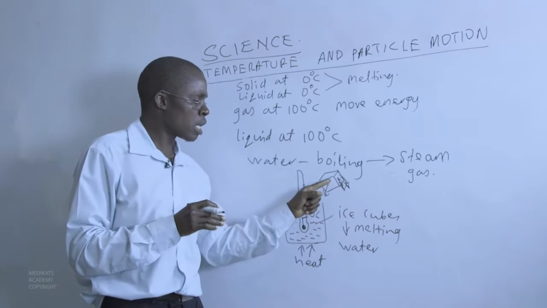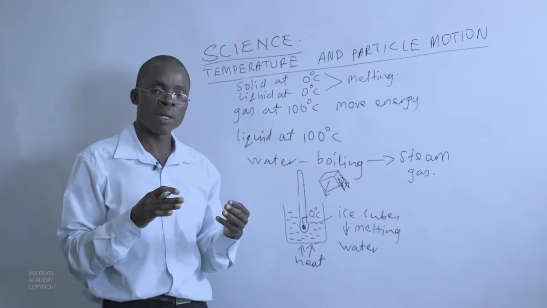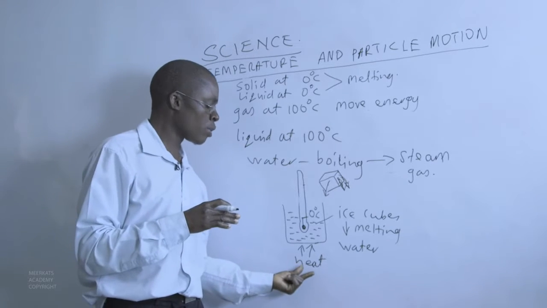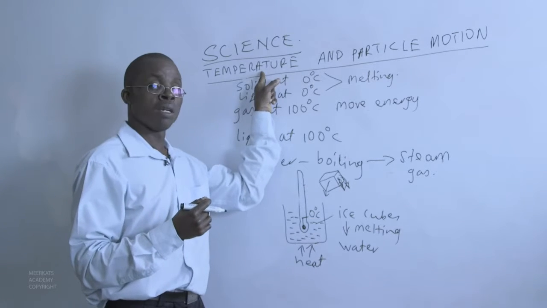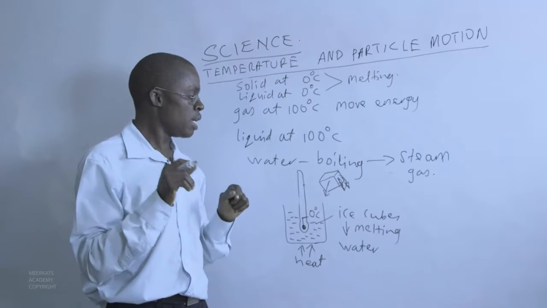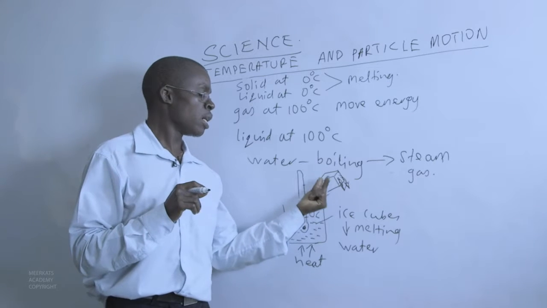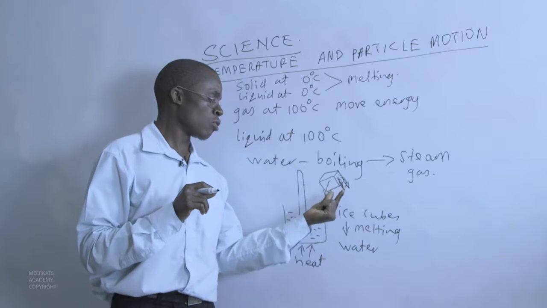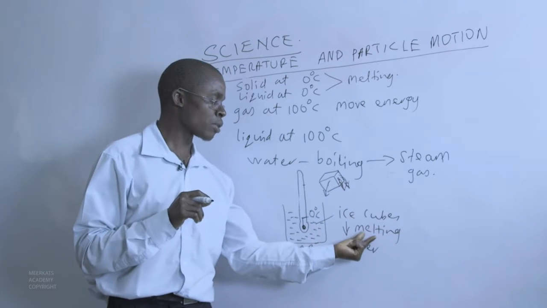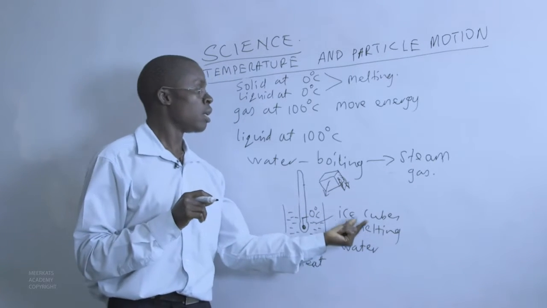Because of that, since the whole ice cube hasn't melted, any addition of heat energy will not go into increasing the temperature, but will only be used in breaking or weakening the forces in the solid to form a liquid, a process called melting.